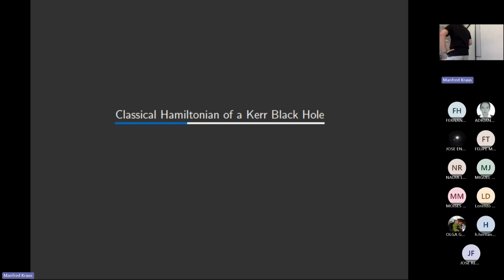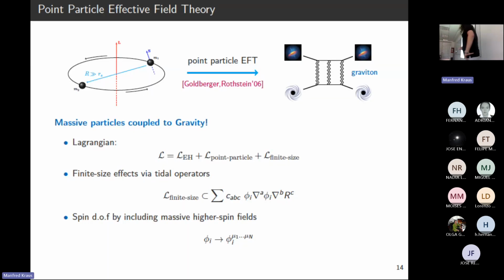Okay, let's start by looking at the classical Hamiltonian of a black hole. And what we essentially want to do is map the system where you have one spinning black hole and one Schwarzschild black hole that are very far separated onto loop diagrams in a quantum field theory. So what we essentially do is use Einstein-Hilbert: we just take the Lagrangian of general relativity and treat it as a low energy effective quantum field theory.